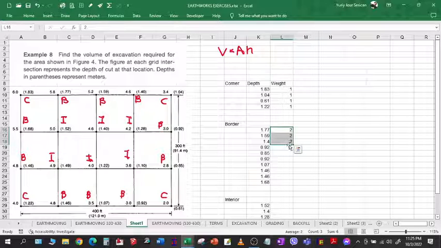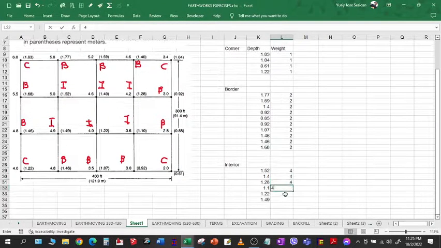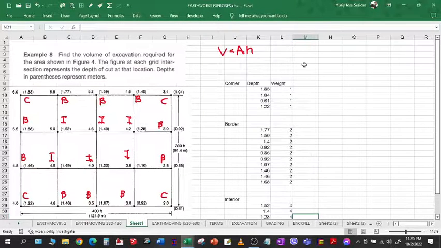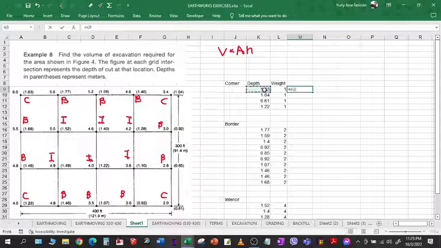And if it is an interior point, the weight will be 4. So let's try to multiply the depth by each of the weights. So here we have depth times the weight.